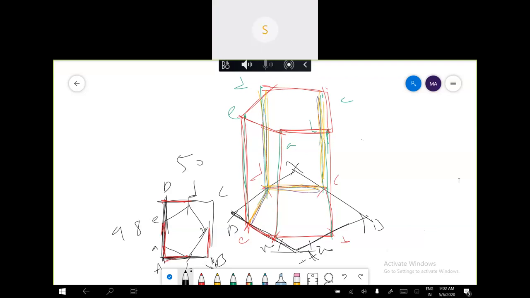Is what I wrote correct? 98 mm. Yes, sir. Okay, she has given the length. AD is 98 and AB is 50. Okay, using these lengths, you can draw this rectangle.